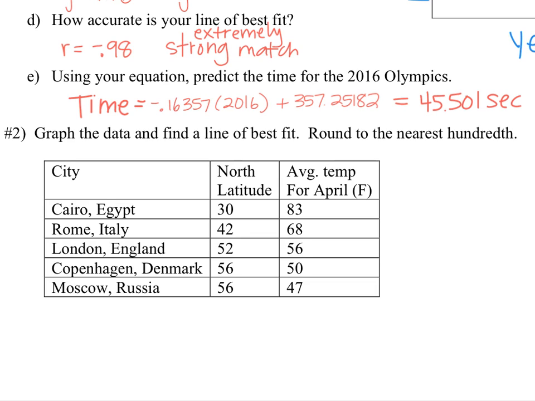What do you think the trend's going to be for this one? Negative, because the one goes up and the other goes down. Now the temptation is to skip things and go straight to Zoom stat. The problem is you have to turn on the stat plot. Once you're done with your data, that is second, y equals.